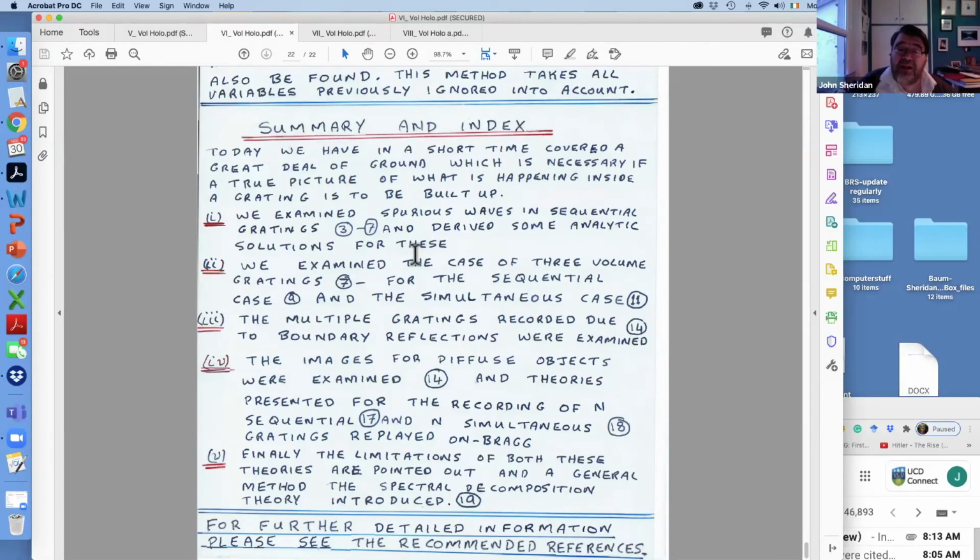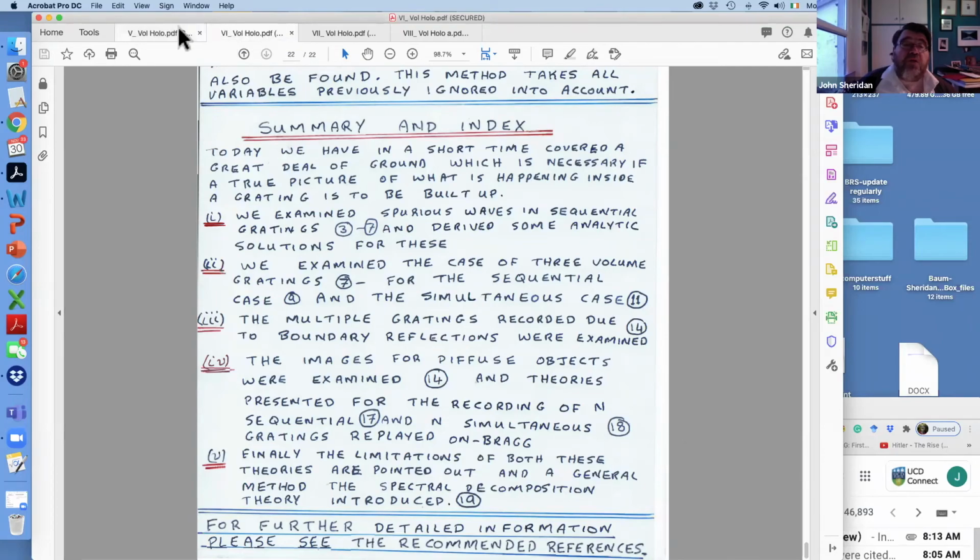We examined the case of volume gratings for the sequential case and the simultaneous case. The multiple gratings recorded due to boundary reflections were examined. Images for diffuse objects were examined, so broad spectra, and theories were presented for the recording of sequential and simultaneous gratings. And finally, the limitations of both these theories are pointed out, and a general method, the spectral decomposition method, proposed. Okay.